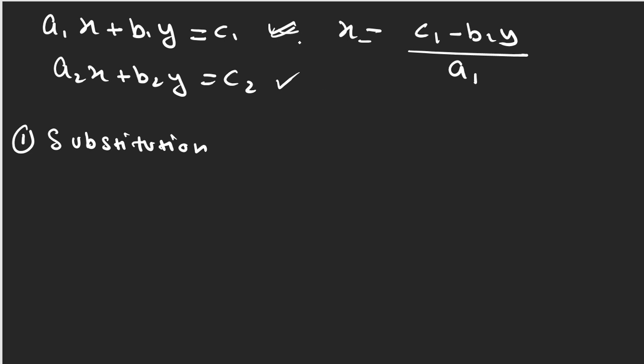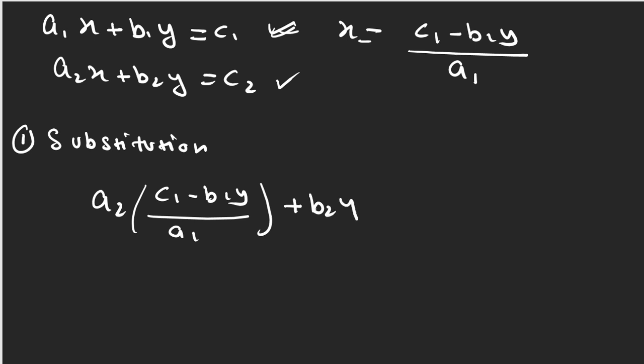And we will not put this back into the first equation, but we have to put this in the second equation. So it will become a2 into c1 minus b1y divided by a1, plus b2y is equal to c2. Now you can see in this equation only y is left, which is the variable. So from this equation very easily we can find the value of y. This is called the substitution method.